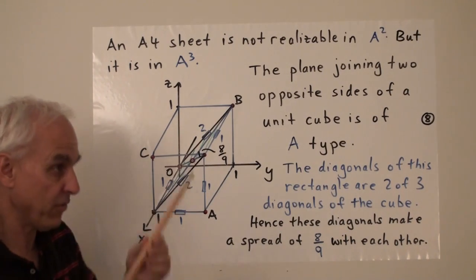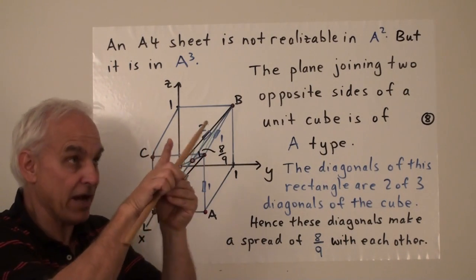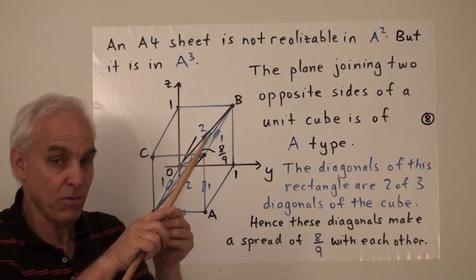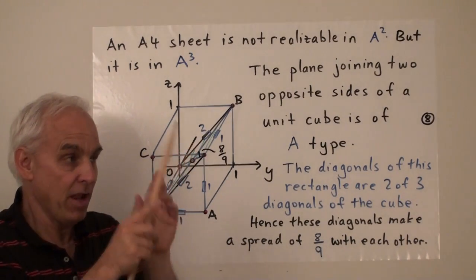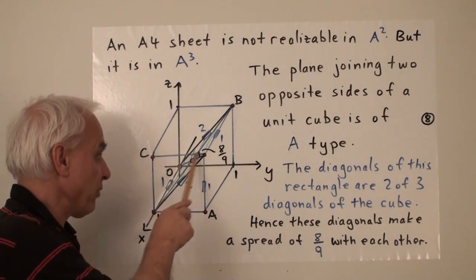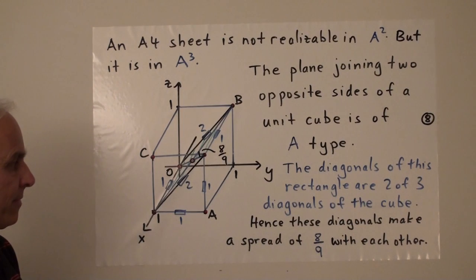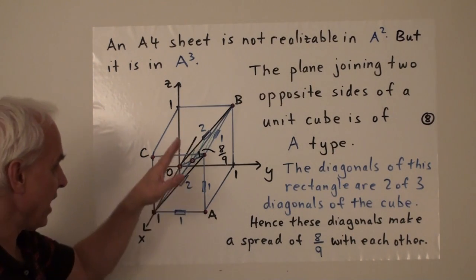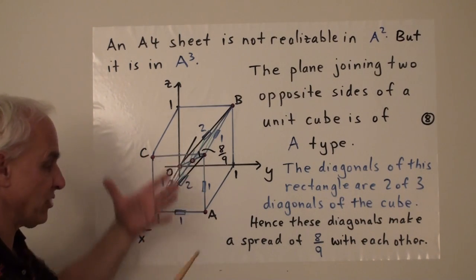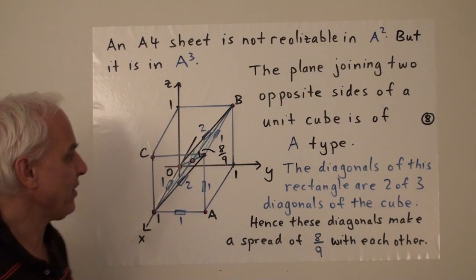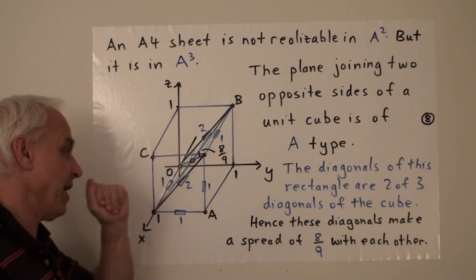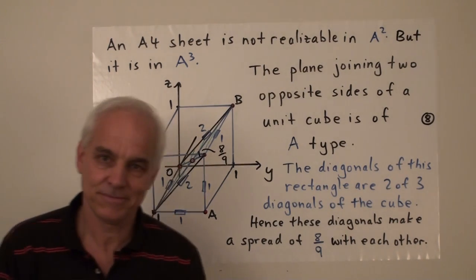Or to put it another way, if we're just looking at the 2 diagonals in the cube from the center of the cube, then those 2 diagonals will make a spread of 8/9. So this connects the 8/9 coming from the tetrahedron story and the 8/9 coming from the A4 sheet of paper.